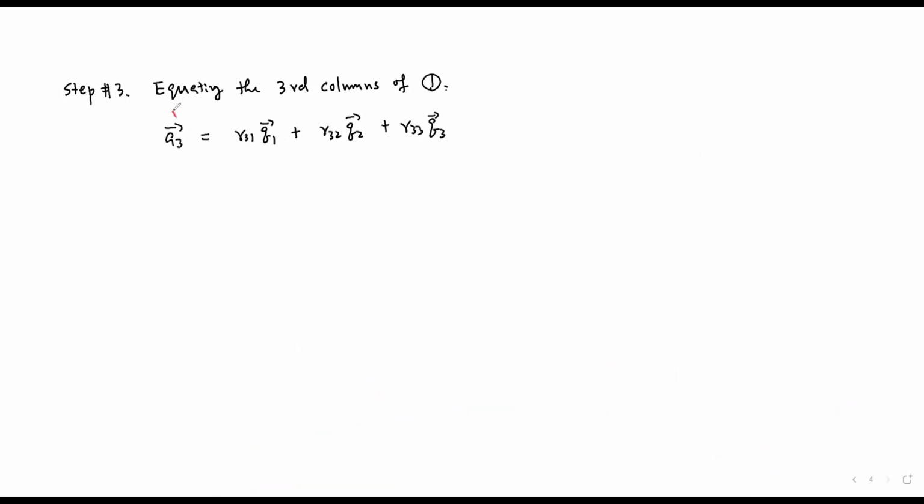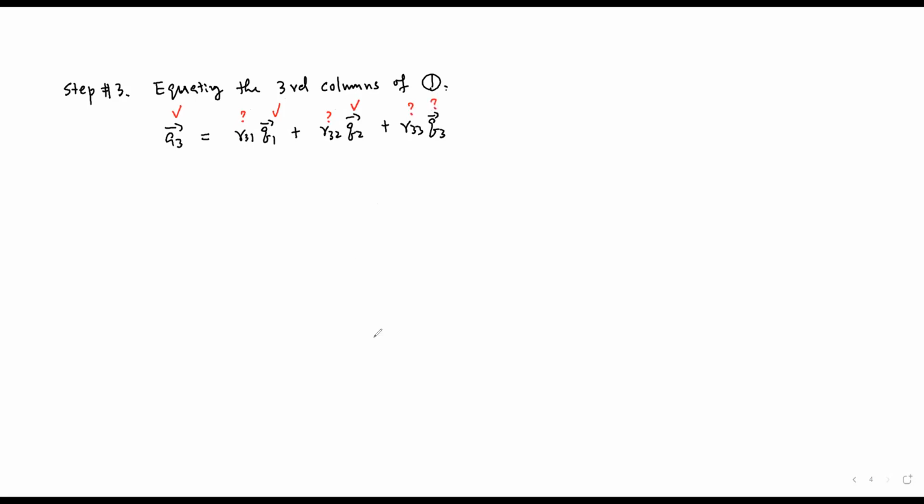Okay, I know A3, the third column of the matrix A. R31, I don't know. I need to determine it. Q1 from step 1, I know. R32, I don't know. Q2, I know from step 2. R33 and Q3, I don't know.